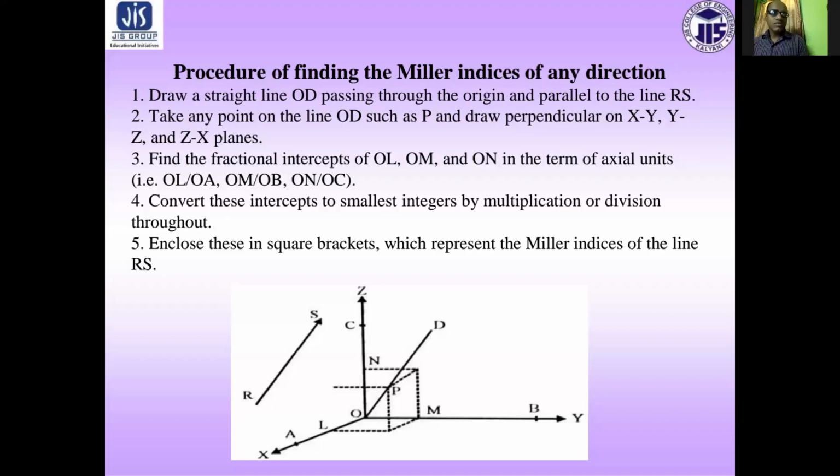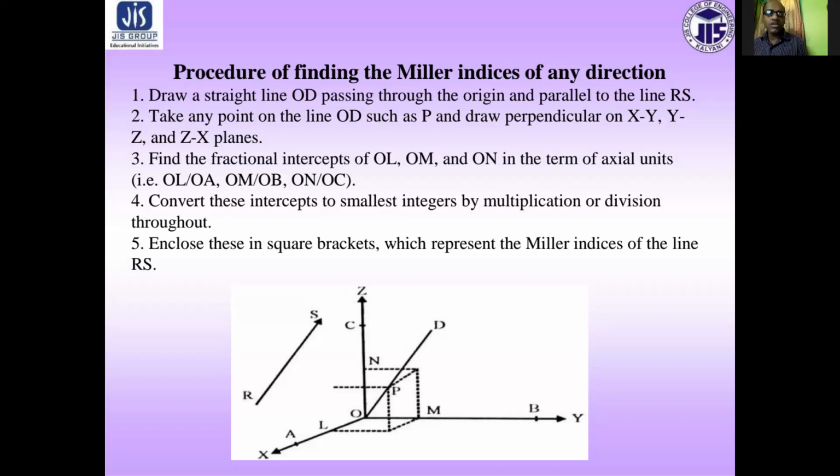So the direction of any line in a lattice is described, first of all, by drawing a line from the origin parallel to the given line, and then giving the coordinates of any point on the line.